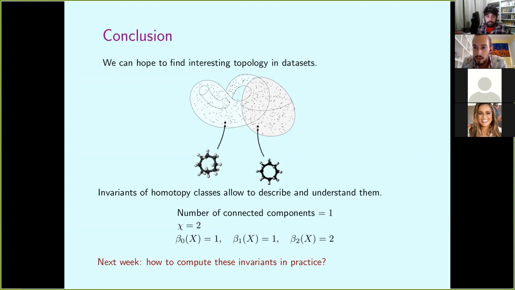In order to understand this topology, one can compute invariants that are nice features, descriptors of them, such as the number of connected components, the Euler characteristic, or the Betti numbers. And there is still an important question here: how do we compute these invariants in practice? And this is actually the whole point of persistent homology, trying to compute these invariants robustly in practice.